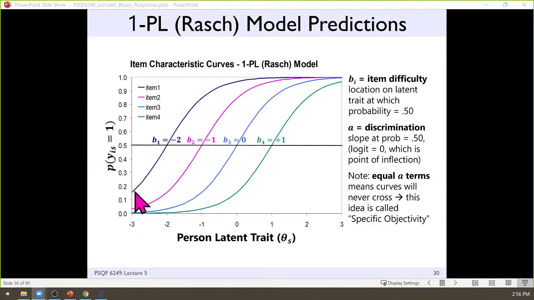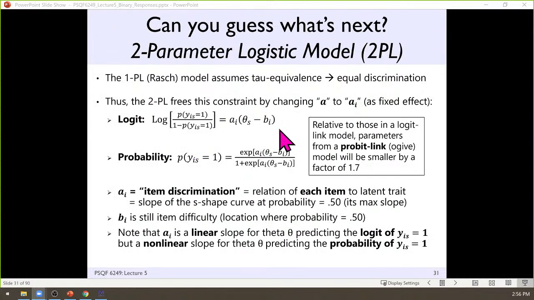So what would happen to our funny little model if we let these slopes be different? Ta-da! Let's play Where's Waldo? What makes the new 2PL model different? Yes, AI. It is not artificial intelligence.